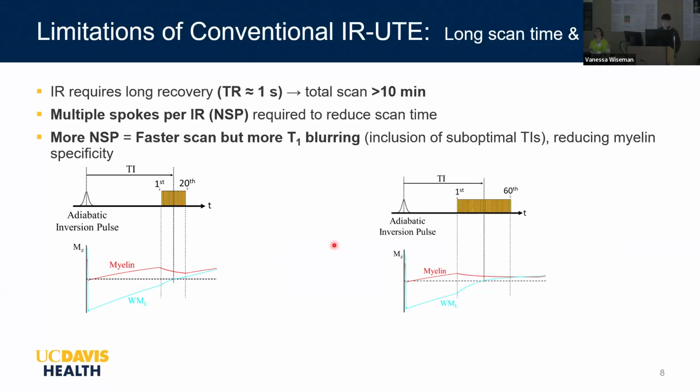The second challenging issue is long scan time. IR-UTE requires a long recovery time, so TR is almost 1 second. To shorten scan time, we use multiple spokes per IR, NSP. In general, we use 20 NSP, so total scan time is 10 minutes.